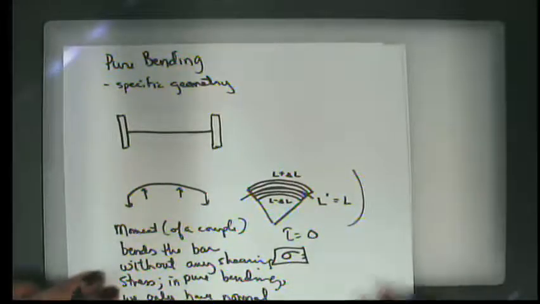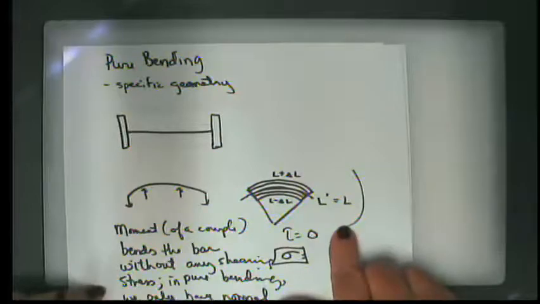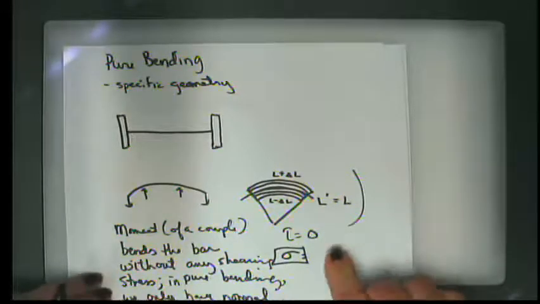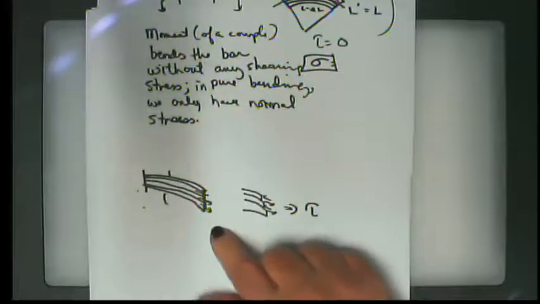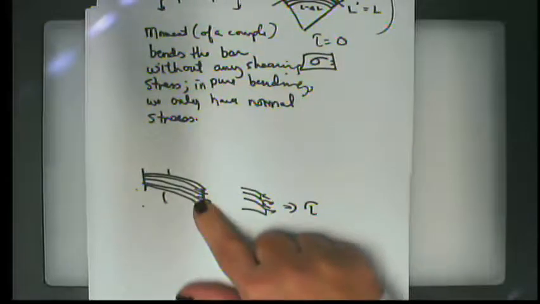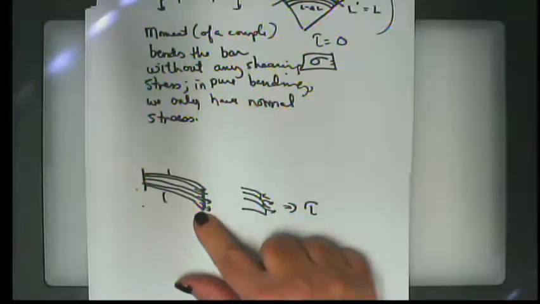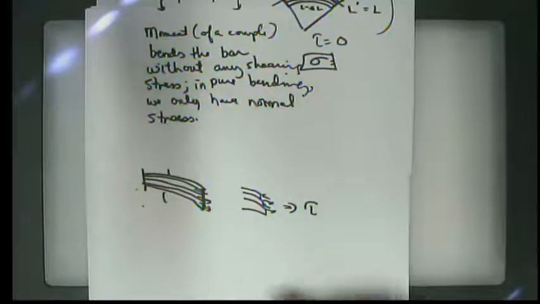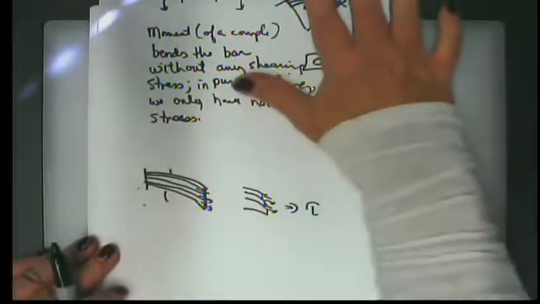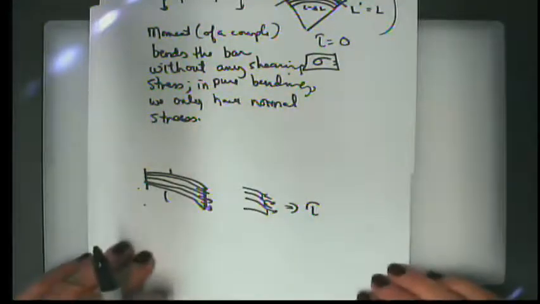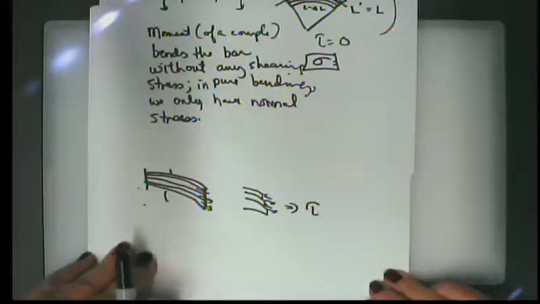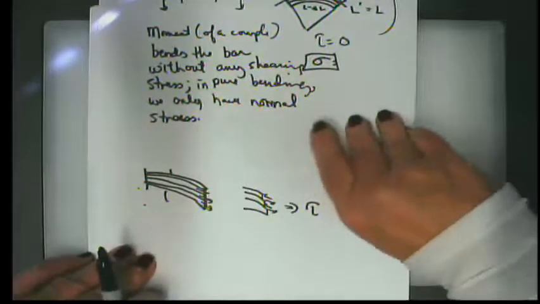Okay? So the reason that we look at pure bending is so that we can analyze what happens when we bend an object without complicating it with this shearing component. Then in a later chapter, we'll extrapolate to the more general case of normal stress and shearing stress from bending.